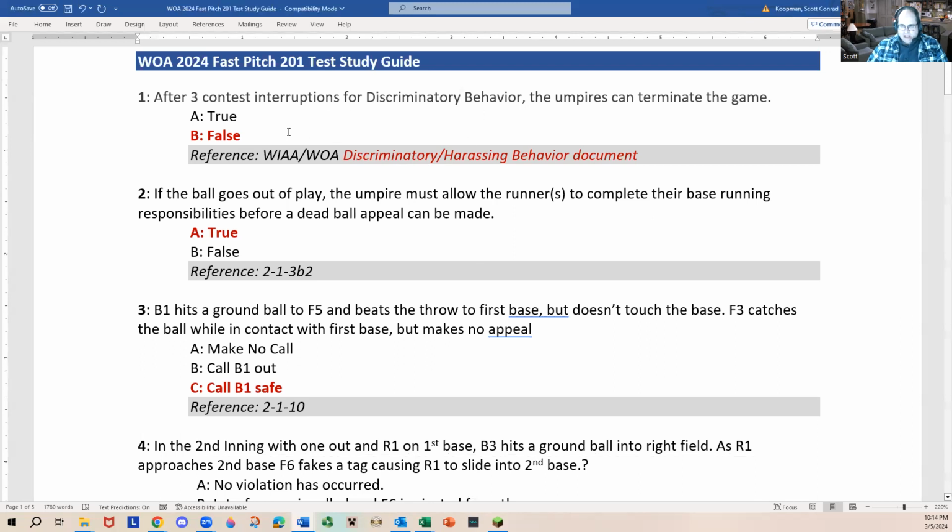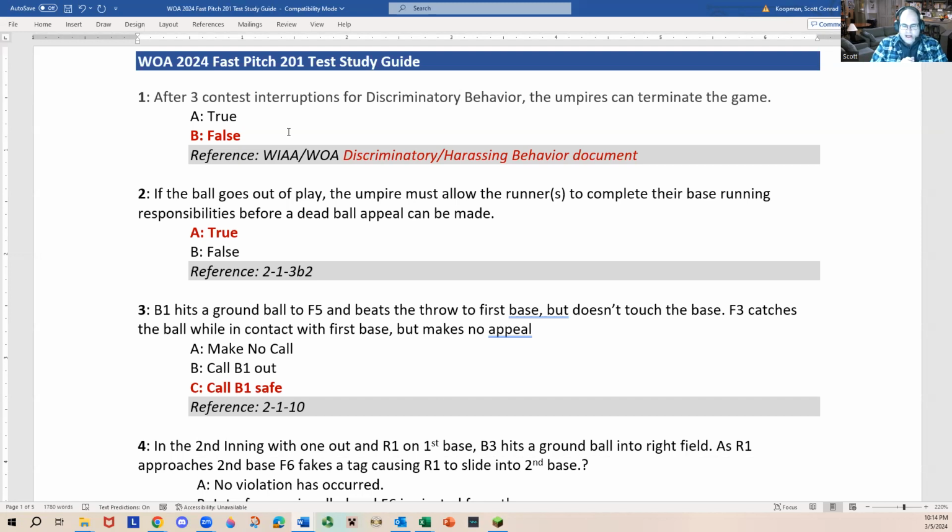Number one, after 3 contest interruptions for discriminatory behavior, the umpires can terminate the game. So there's a document that the WOA has put out called the discriminatory harassing behavior document. And I scoured that document and looked over.